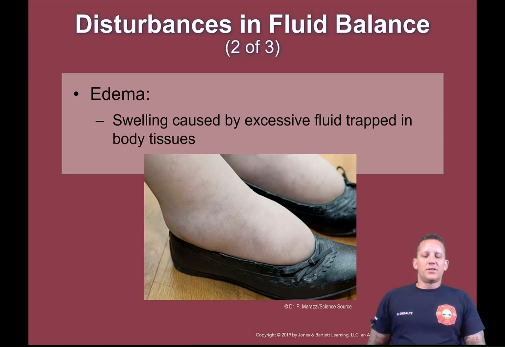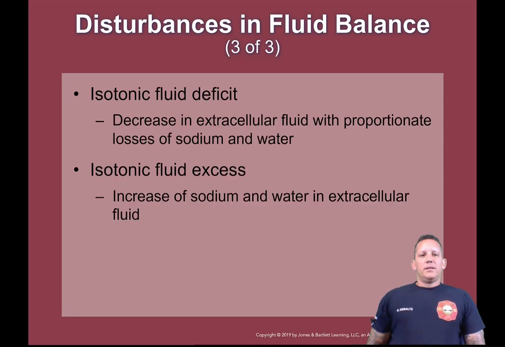The result is, as you can see in the picture there, where people have the soft tissue becomes swollen or enlarged and will indent really easily and not rebound to its former shape readily. So these are some of those fluid imbalances, and this is isotonic fluid deficit. This is a decrease in the extracellular fluid with the proportionate losses of sodium and water.